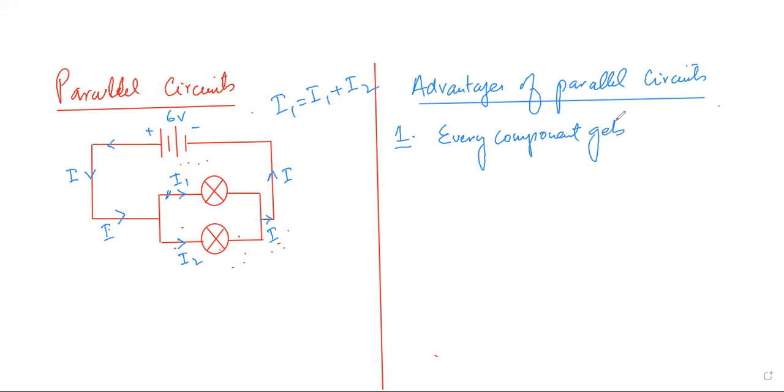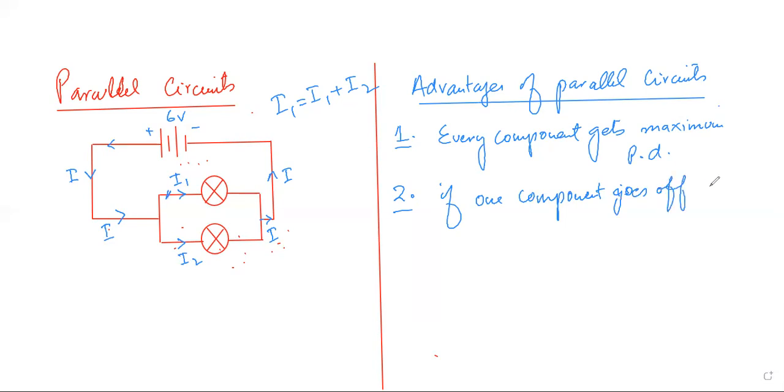Every component gets maximum PD. Number two, if one component goes off, the other keeps working.